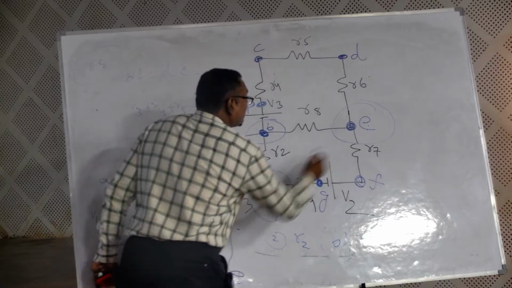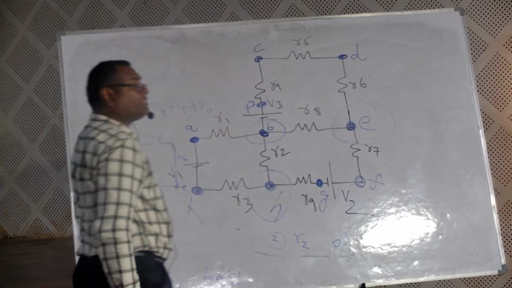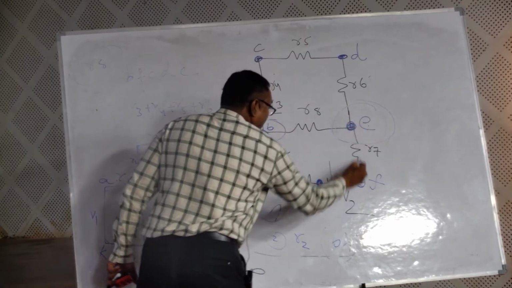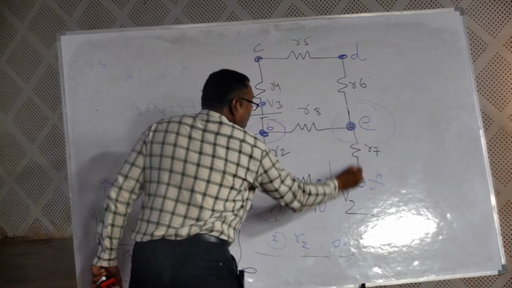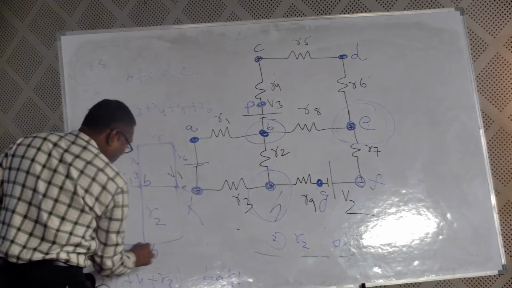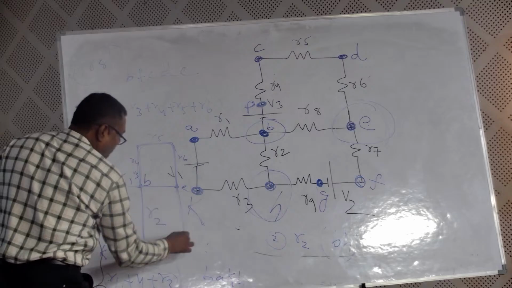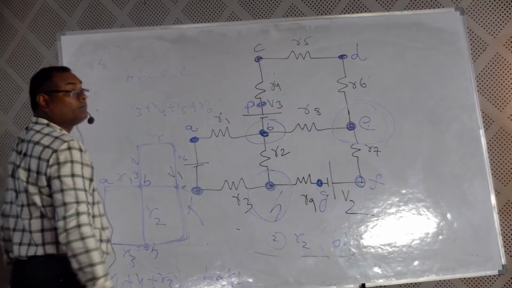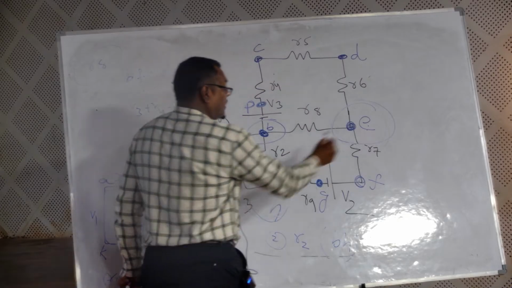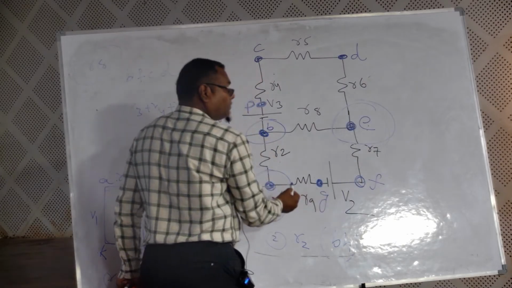H and E junctions. Can I say this is the branch, which lies between two junction points? Here to here. What are the elements present? R7, V2, R9.